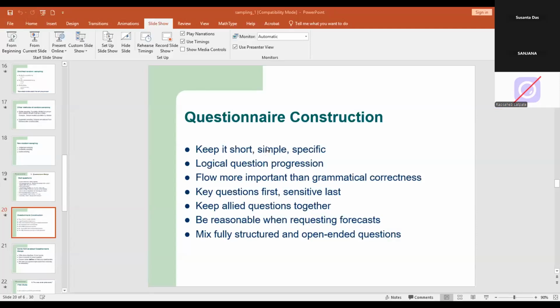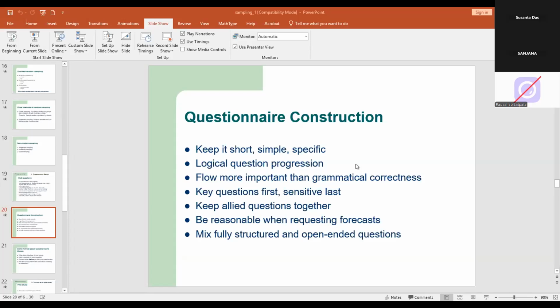Now, while constructing questionnaires, keep it short, simple, and specific to the objectives. Along with that, logical question progression should be there. Those who are reading your questions should develop interest as respondents.